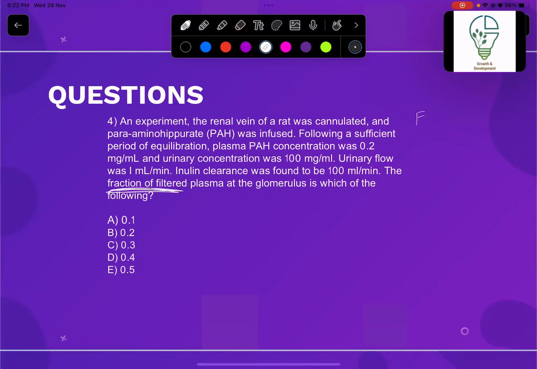Just to remember, filtration fraction is GFR over RPF, and clearance itself is urine flow multiplied by the concentration over the concentration in plasma of the substance.